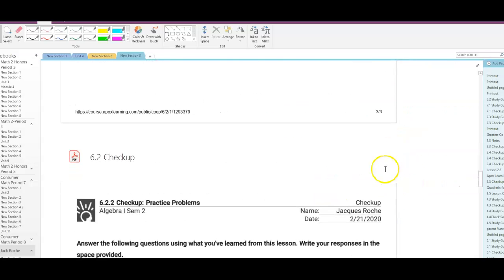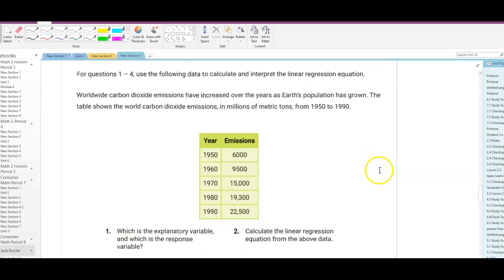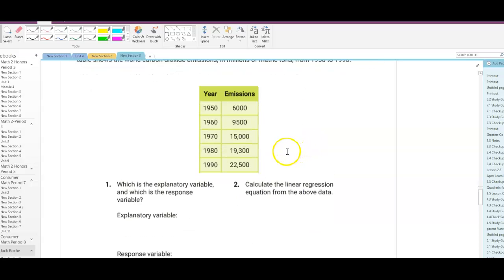Okay, so let's look here. Use the following data to calculate and interpret the linear regression equation. Worldwide carbon dioxide emissions have increased over the years as Earth's population has grown. The table shows the world carbon dioxide emissions in millions of metric tons from 1950 to 1990.